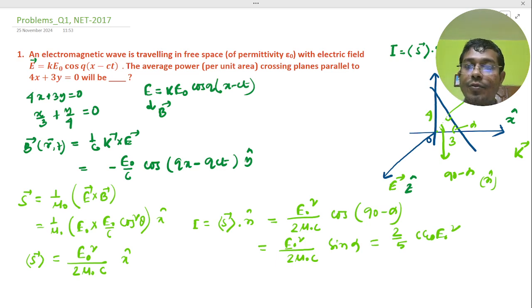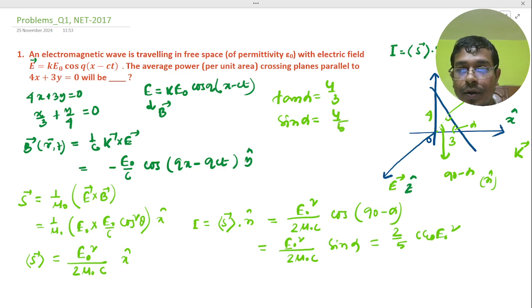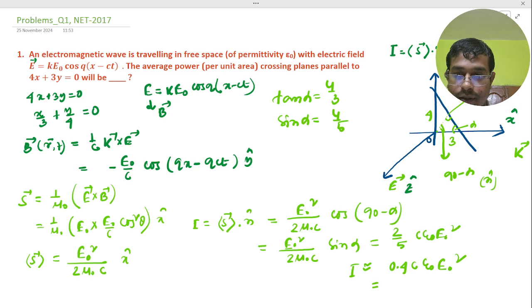With the triangle we get tan alpha equal to 4 by 3, and from here we get sin alpha equal to 4 by 5, put here, and we get the value I approximately 0.4 c epsilon naught E naught square.